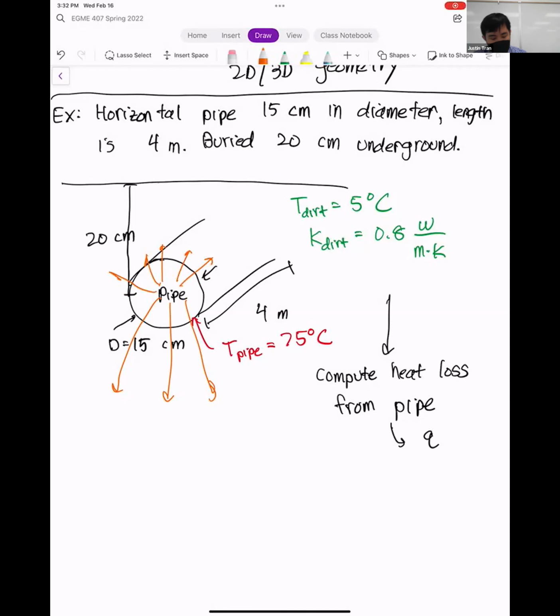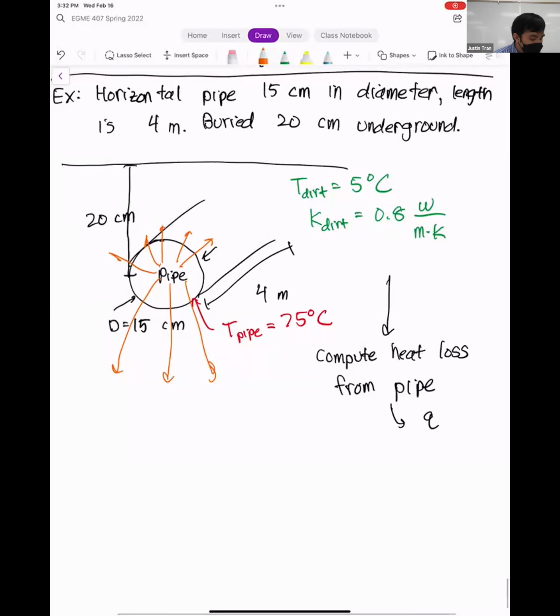Because we don't know how far down this dirt is going, we can't assume that our heat is going to be completely radial. There's probably going to be some asymmetry, and because we have this dirt layer here, we're going to need to do this using shape factors.